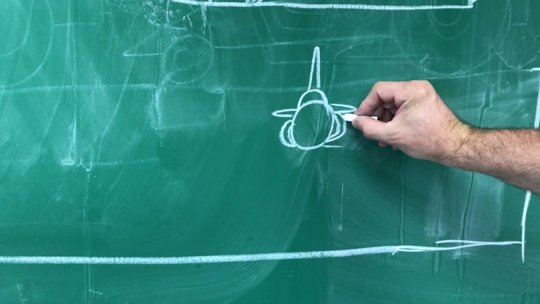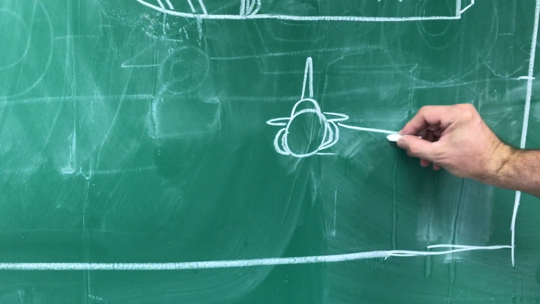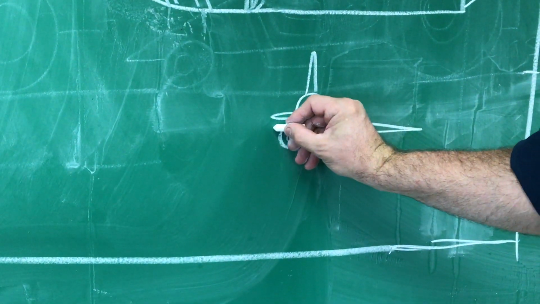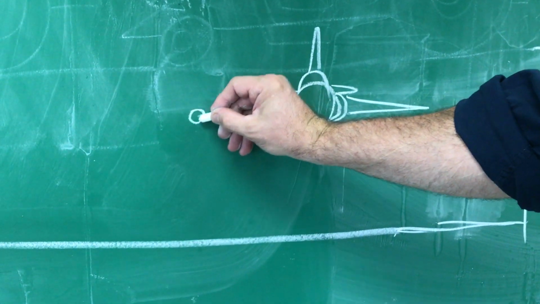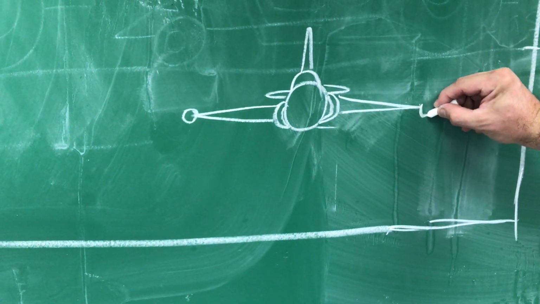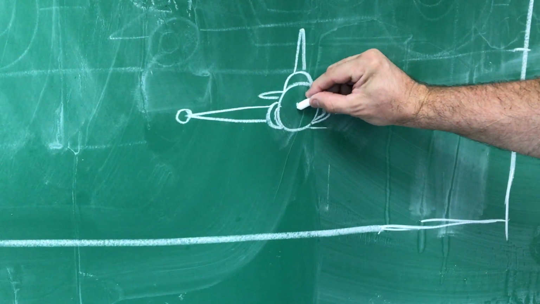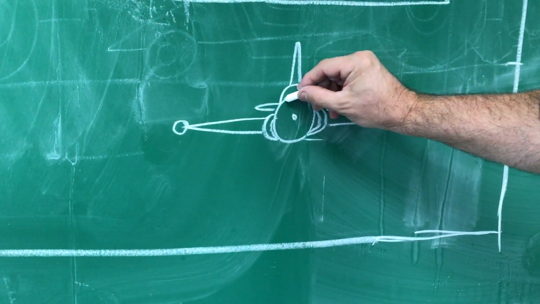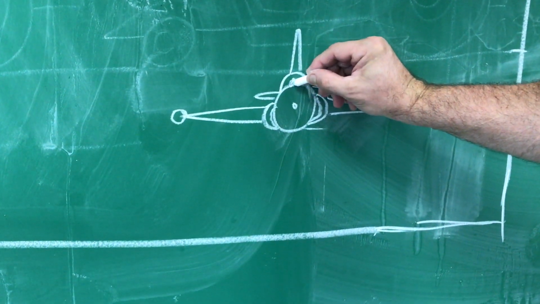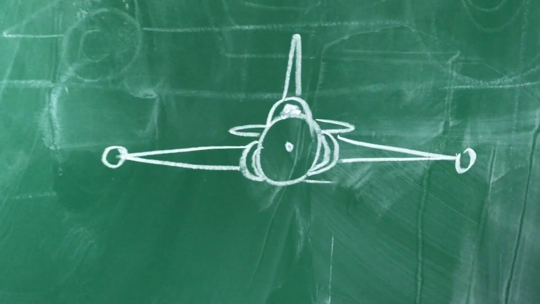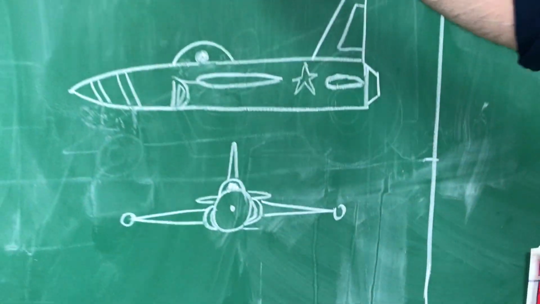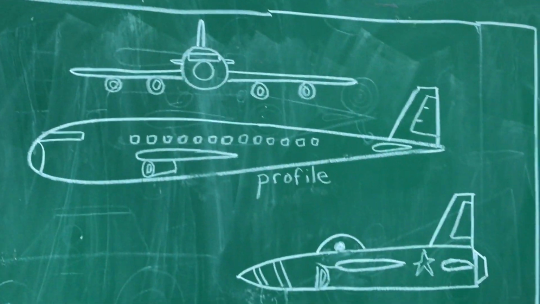And the wing comes out like this. Put a dot here so it looks like it comes to a point. And you got your dude in there. All right, and we'll stop there. So you got your passenger plane and your fighter jet. We'll do the rest later.